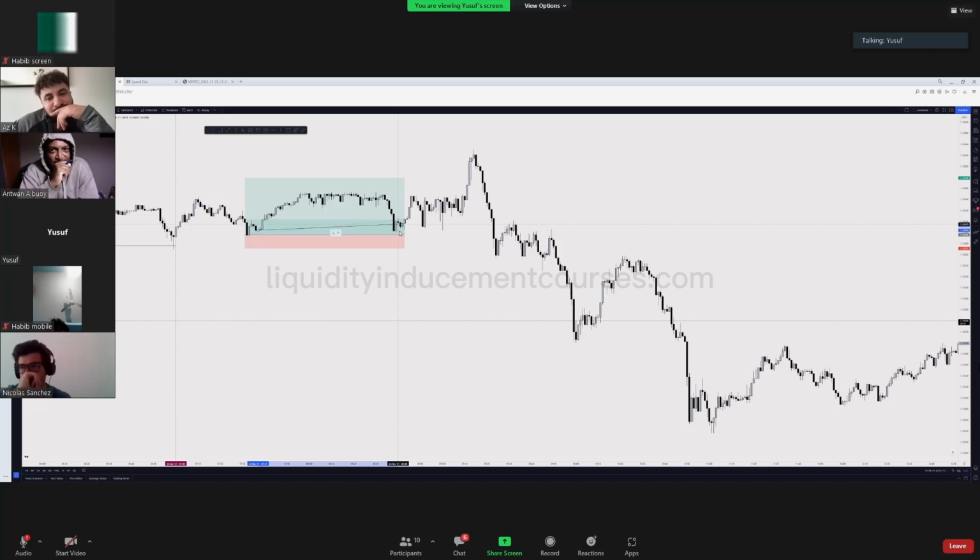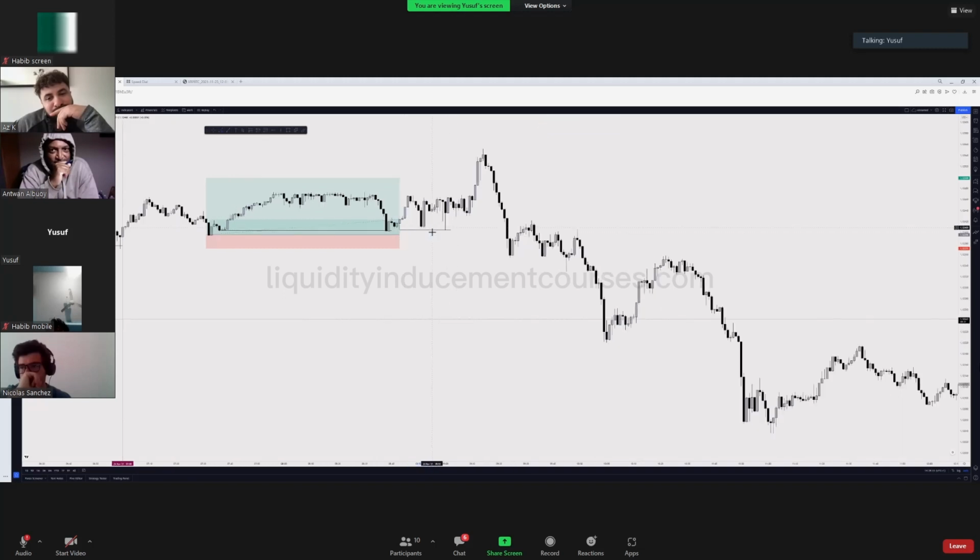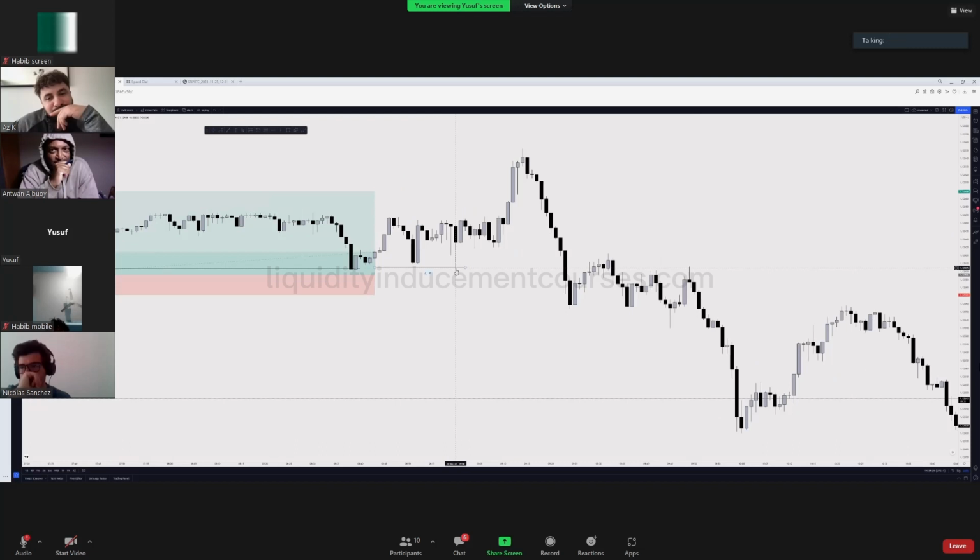Then, I'm very patient. I waited patiently till price came here, and this induced it. Can you see that wick? Yeah, it was so small. So you have that high, this low, this high. You can see nothing was higher than this.